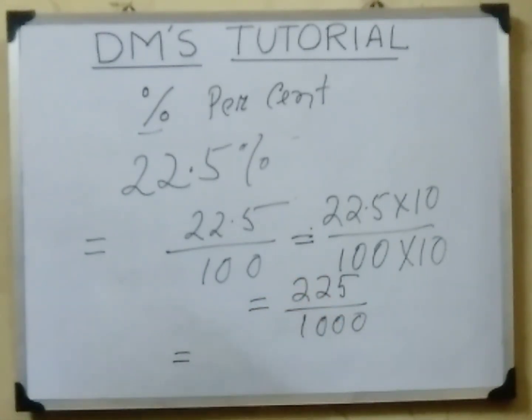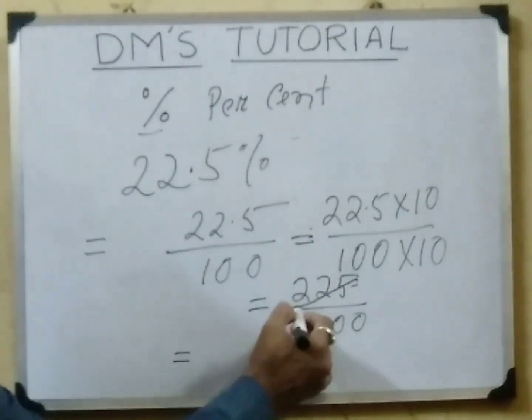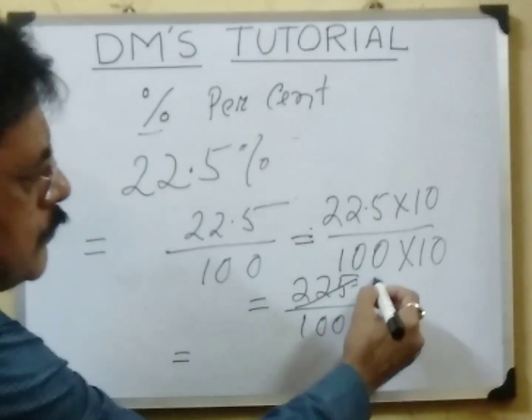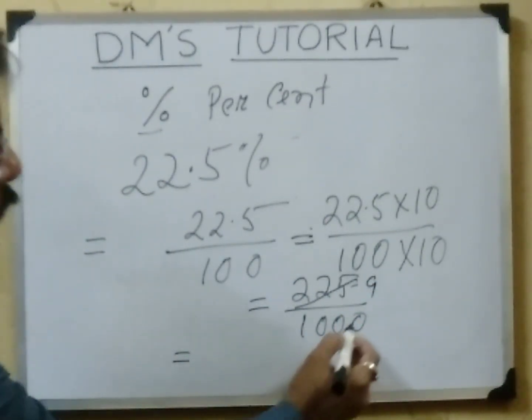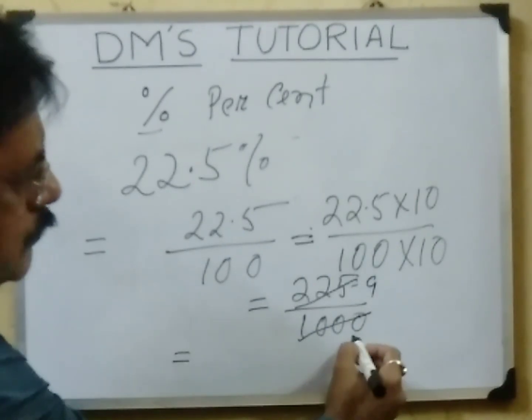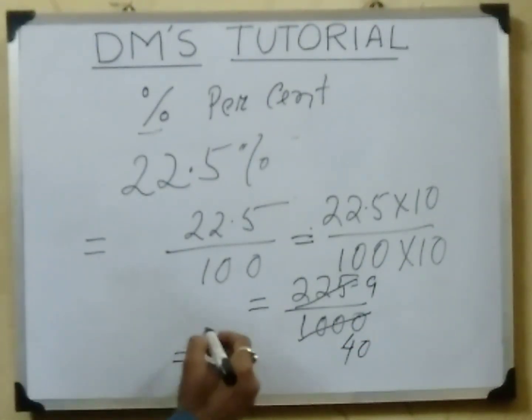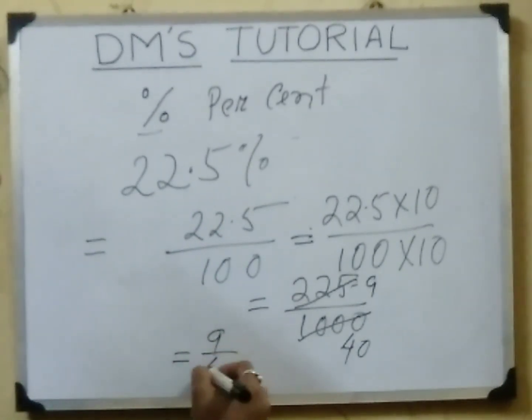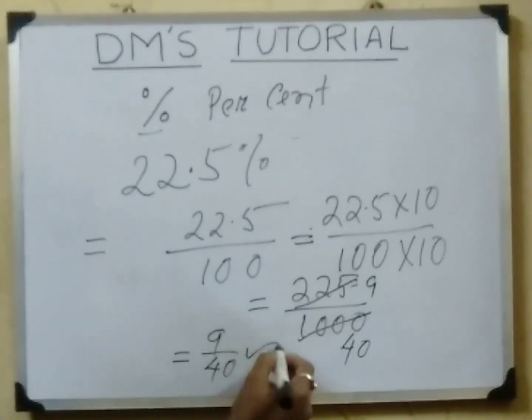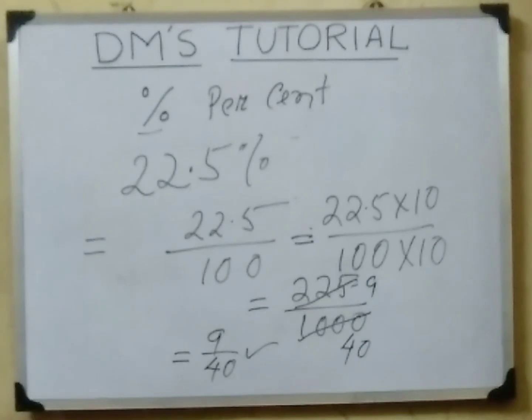We will divide both numerator and denominator by 25 here. So 9 by 40. This is the specified fraction. 22.5% means 9 by 40.